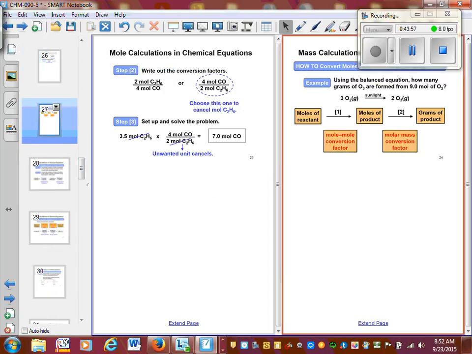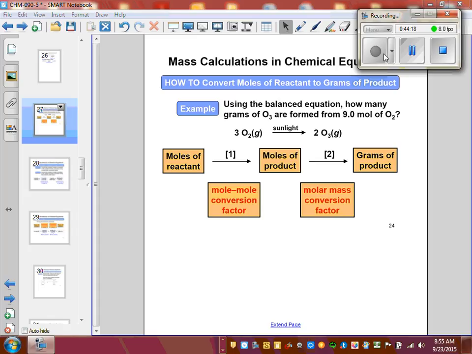Here we have, and I'm just going to stop this a second. All right, let's go to this problem, making ozone from sunlight. What do we know for sure?